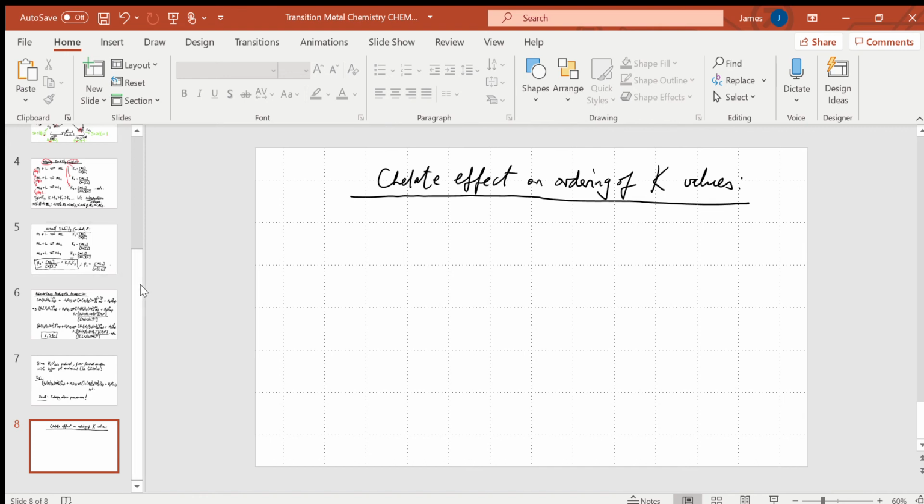So let's consider something commonly called the bipy ligand, where bipy is just short for bipyridine, so it's got two pyridine rings. So this is just going to be two pyridine rings joined together.